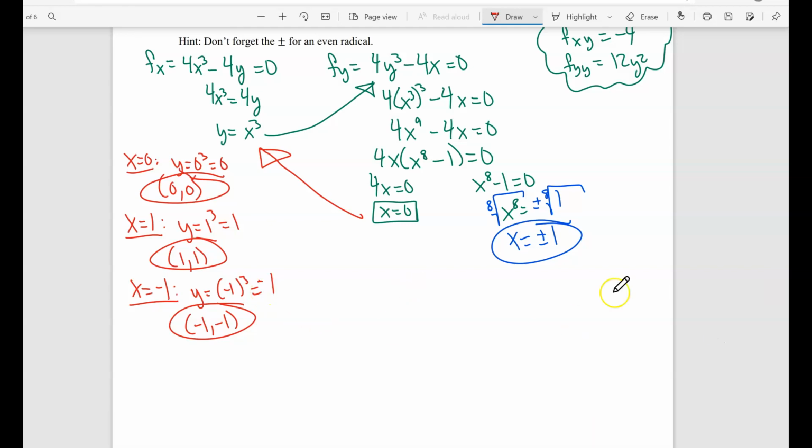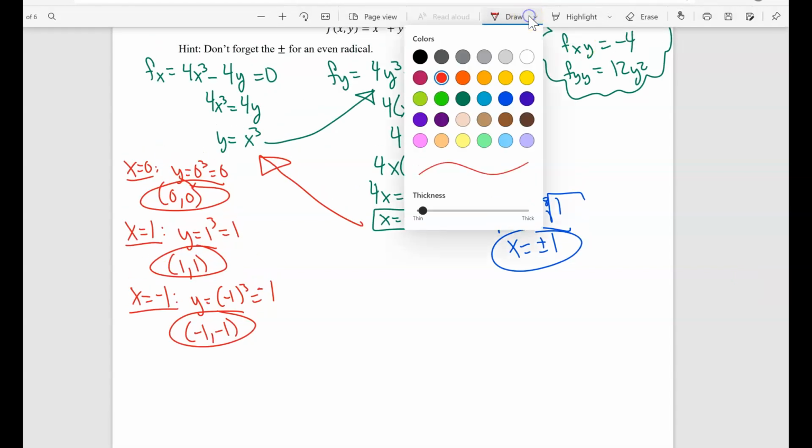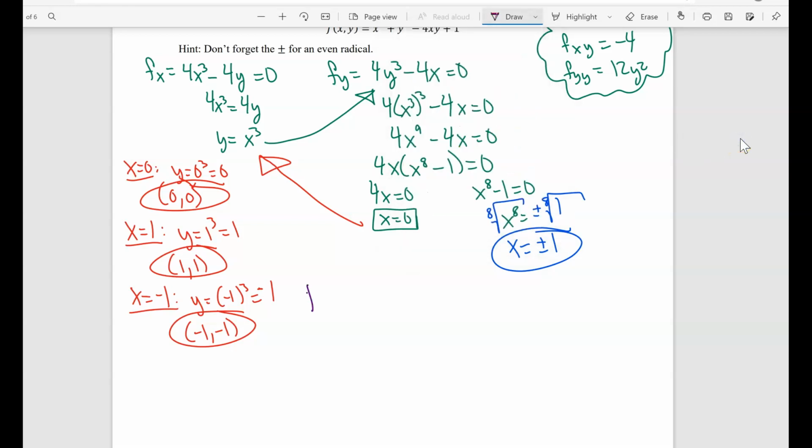All right, so now all we got to do is find our determinant. So I'm going to take D. This is equal to the second partial derivative with respect to x, times the second partial with respect to y, minus the mixed partial squared.